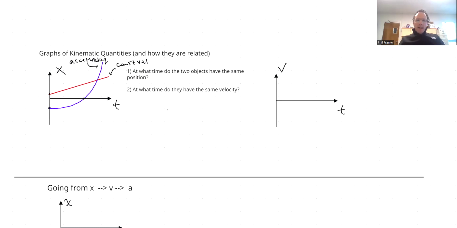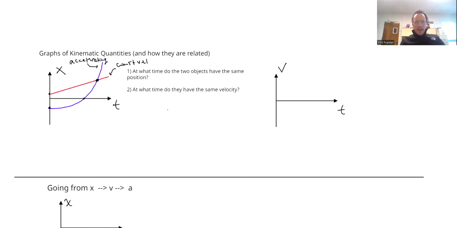So at what time do the two objects have the same position? Well, the two objects have the same position when their x values are the same, where their x coordinates are the same. I think you can see that occurs at this point on the graph. So both objects have the same positive x coordinate at this particular time.